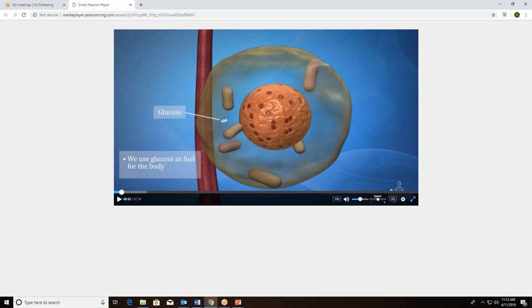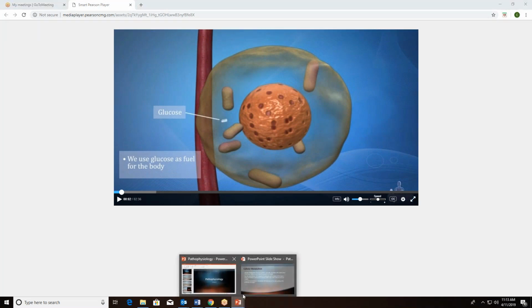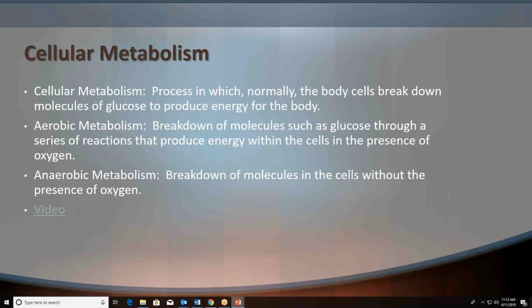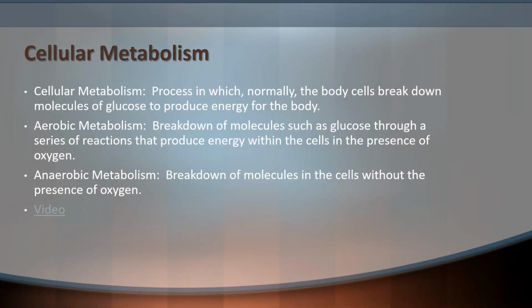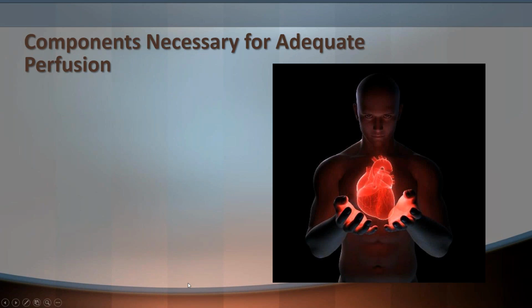So next we are going to talk about the components needed for perfusion and how we as EMS providers can help facilitate that perfusion throughout that patient. We are going to break these down one by one.